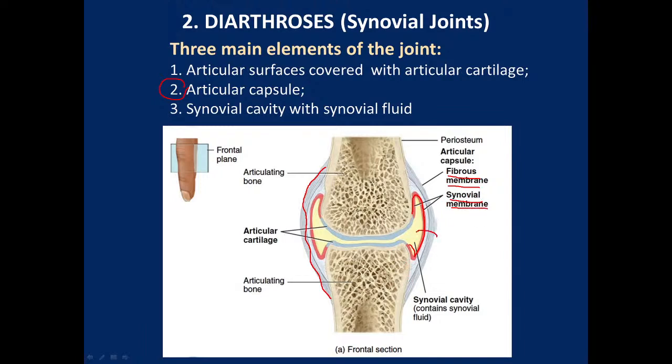So the articular capsule consists of two layers: fibrous membrane and synovial membrane.